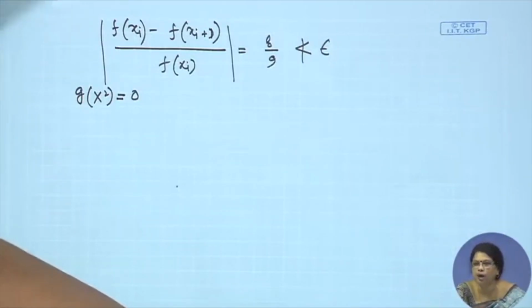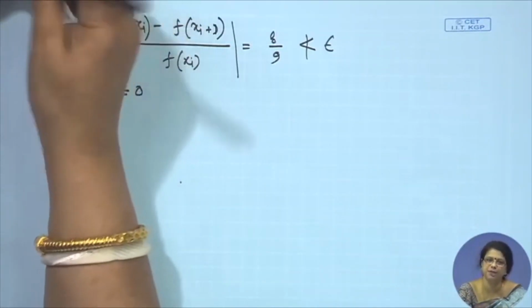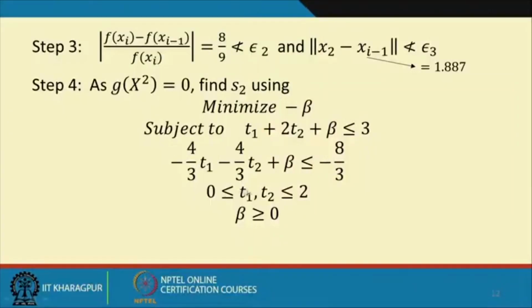How will I move? I will move through the usable direction, because if I move in the usable direction, then only I will be within the feasible space. I have started from the interior point, then moved to the boundary of the feasible region, and now I have to find the next usable direction. How can we find it?